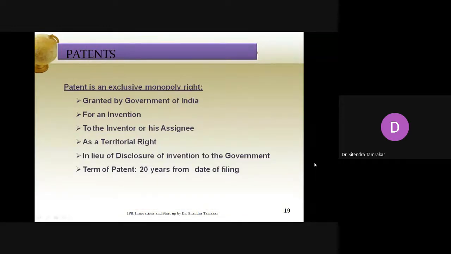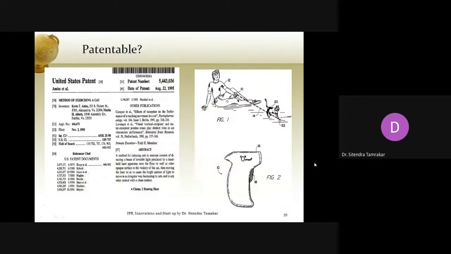So it is an exclusive monopoly right granted by the Government of India on inventions, and it is a territorial right, and its term is up to 20 years from the date of filing.